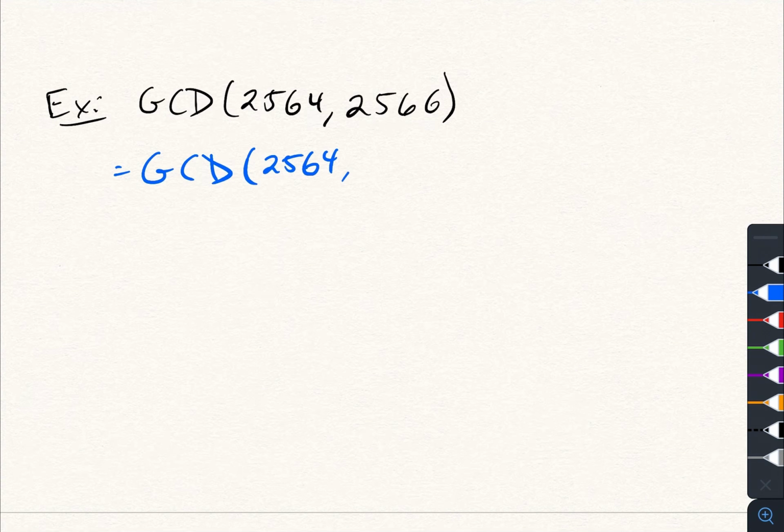They're only 2 apart, so 2,566 minus 2,564 is just 2. Okay, so what's the GCD of 2,564 and 2? Well, 2 goes into both of these numbers. They're both even, so 2 has to be the greatest common divisor of both of these numbers.